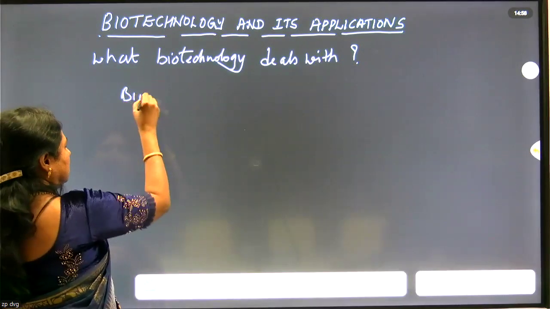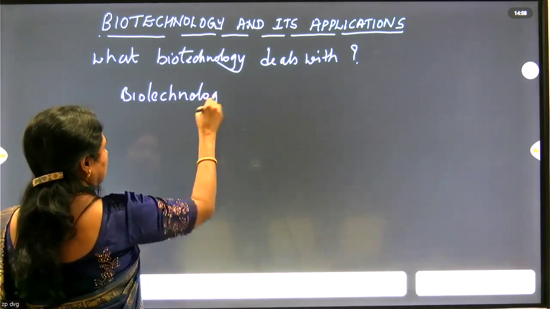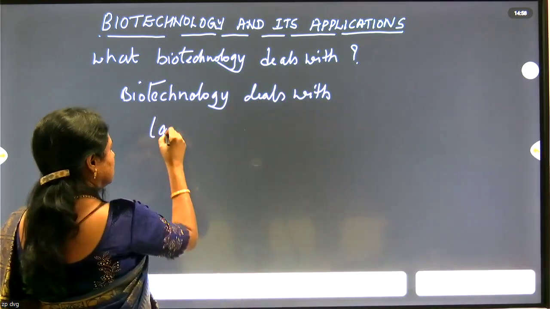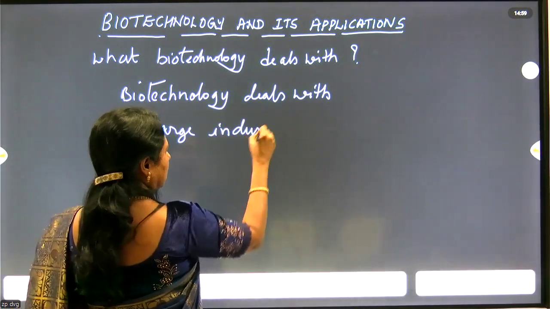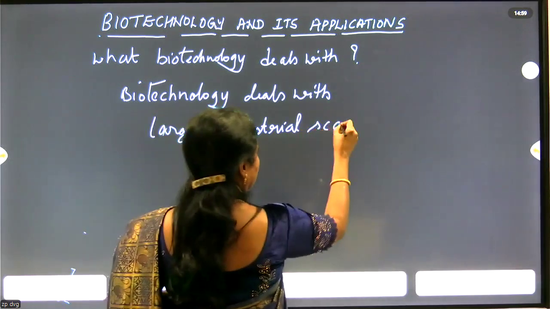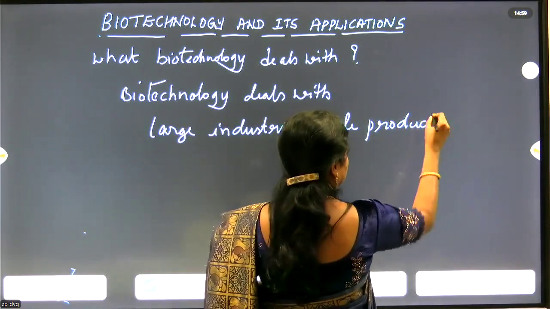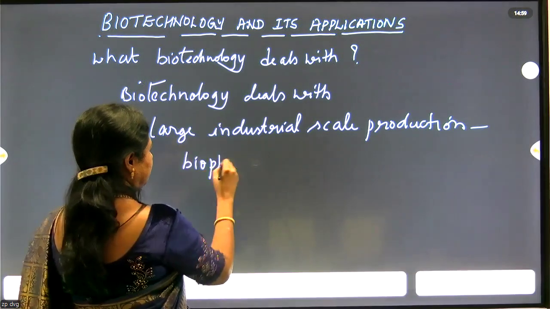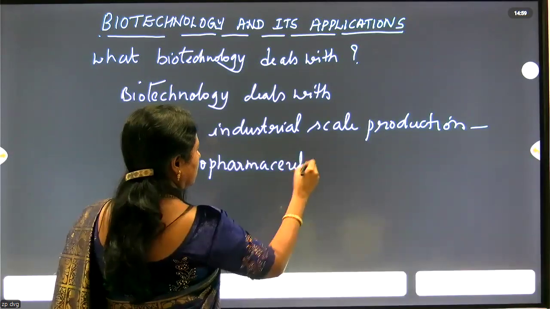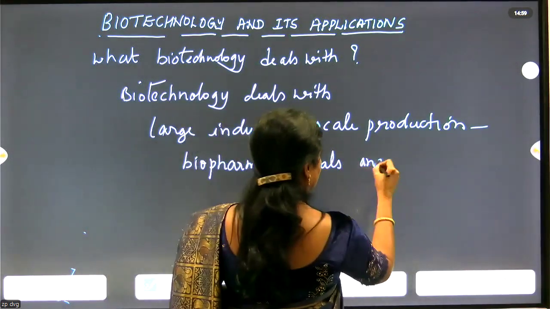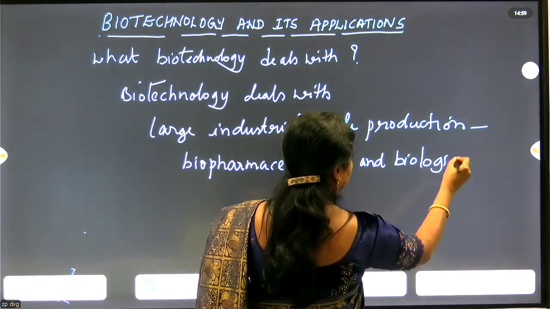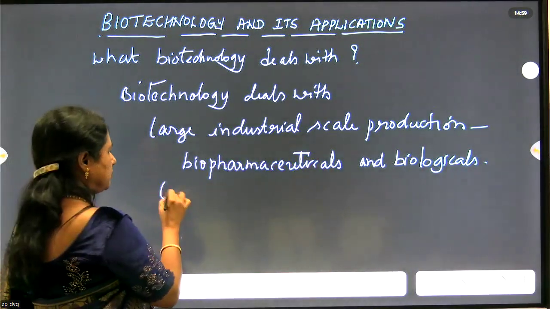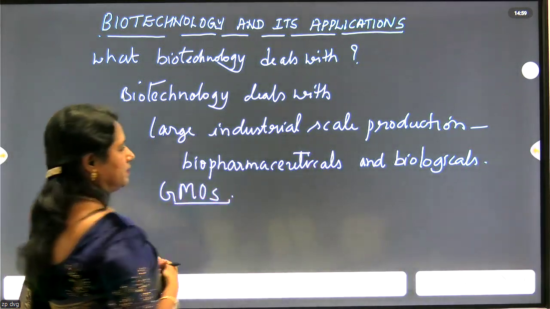Biotechnology deals with the large industrial scale production of biopharmaceuticals as well as biologicals from genetically modified organisms.